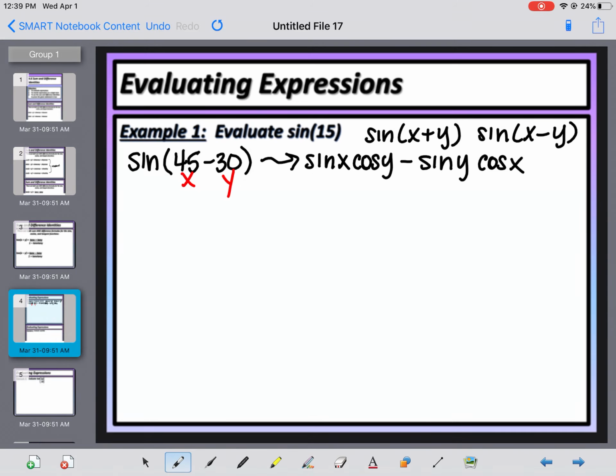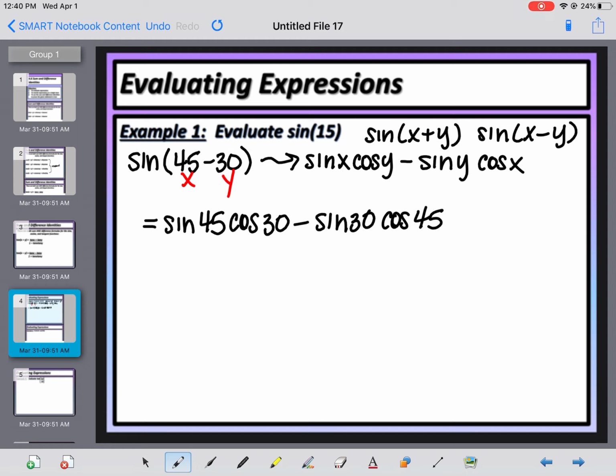I'm going to expand here. So I have sine of 45 cosine 30 minus sine 30 cosine 45. Again, using our chart, we're going to evaluate each of these.